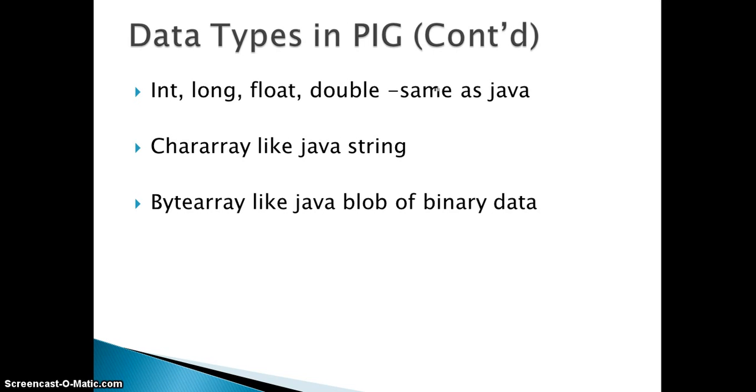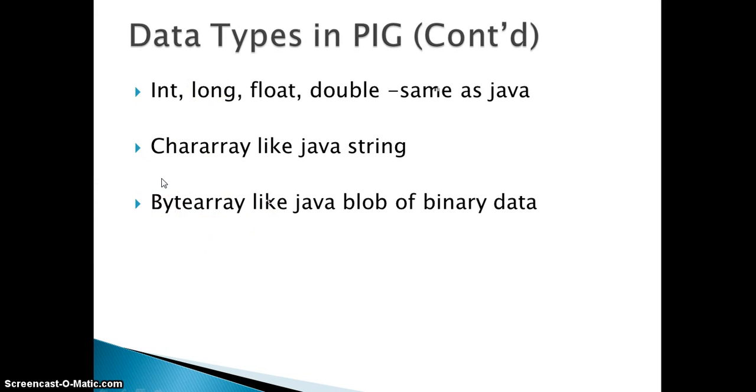Pig has these data types, like we have in Java: int, long, double, float, and something like chararray, which is similar to string in Java, and bytearray, like a blob data type which stores binary data. One major thing you have to remember here is that bytearray is the default data type in Pig.